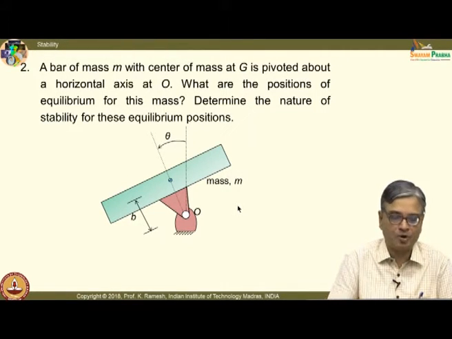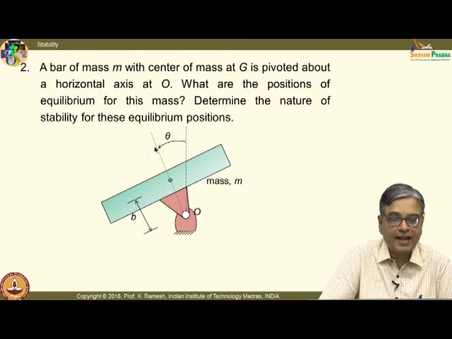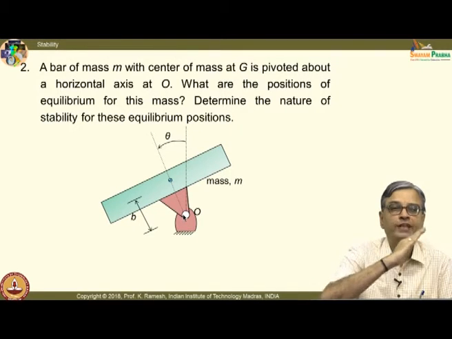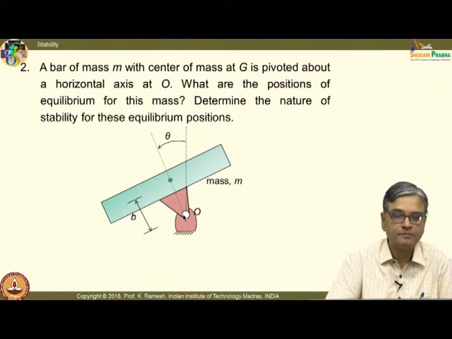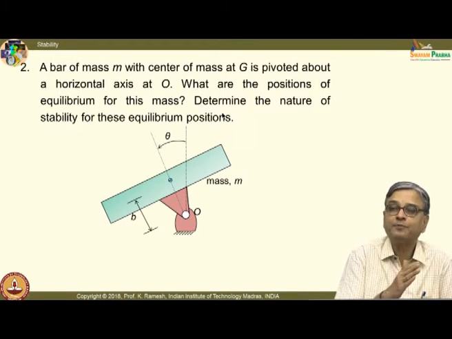So, we have taken a very simple problem, make a neat sketch of it, and in the problem statement itself, it is shown at a generic position, oriented at an angle theta, and I have this mass pivoted at the joint O. That means it is a pin joint, the mass can move freely over it. The question is, what are the positions of equilibrium for this mass? Not only that, of these equilibrium positions, you have to identify the position which is stable.